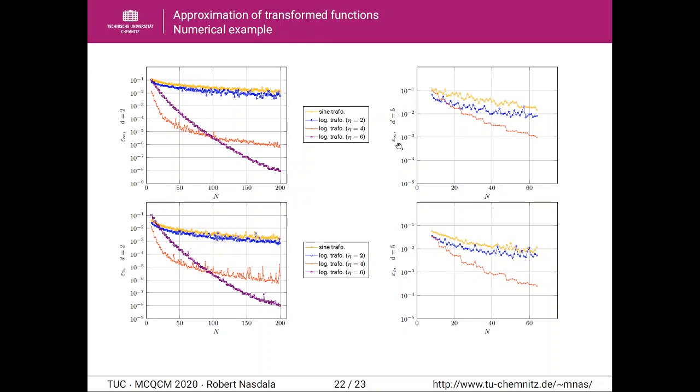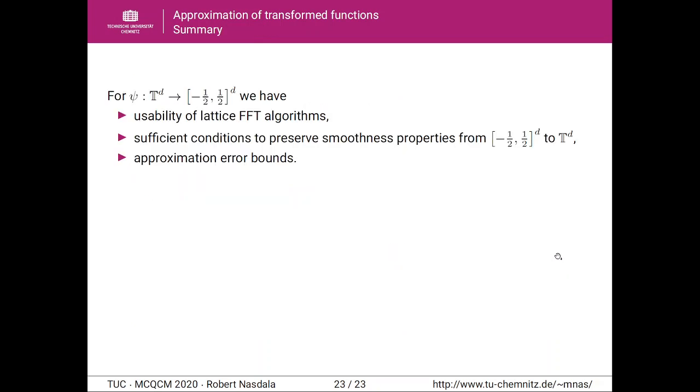And in dimension 5, the calculations took much longer, which means I can only show you up to eta equals 4, but same result: sine transformation and eta equals 2 are not that good. And once we increase the parameter, the error decay gets faster, which becomes more apparent down here in the L2 case. So finally, let's summarize.